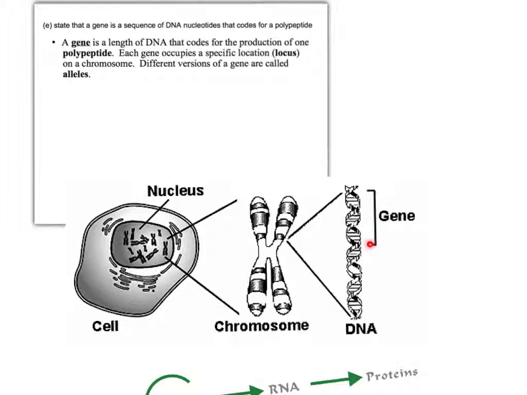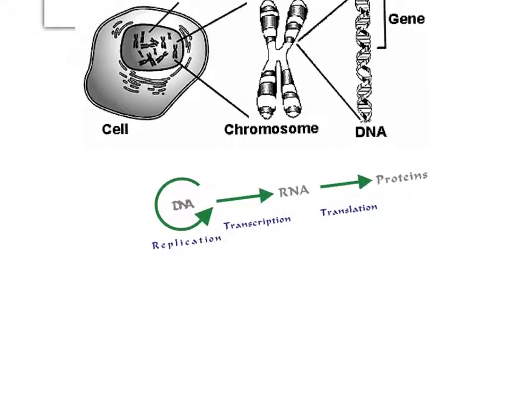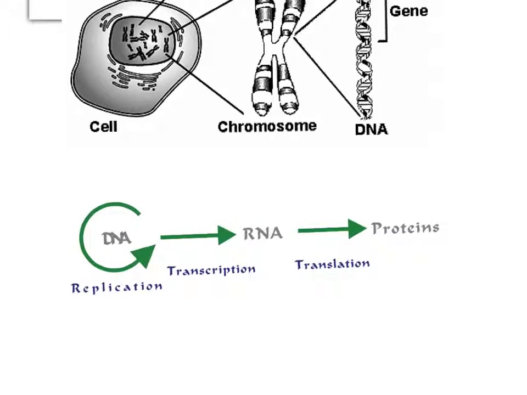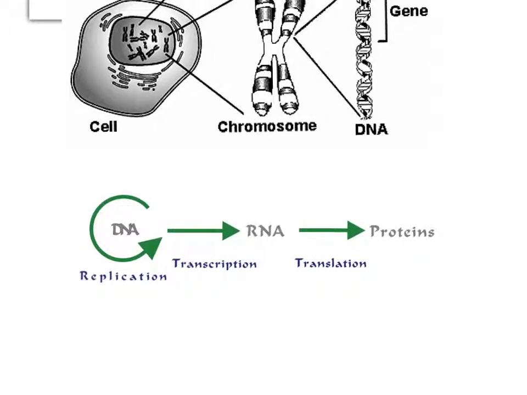And that leads us to an idea which is known as the central dogma of molecular biology, which starts with DNA as a substance which can do two things. It can replicate, which it needs to be able to do to put copies of itself into each new cell as it's being produced.